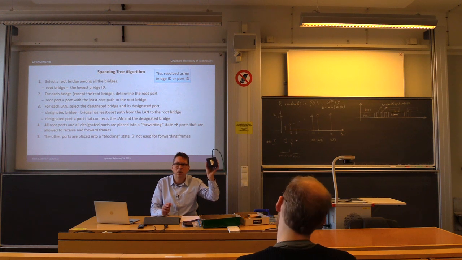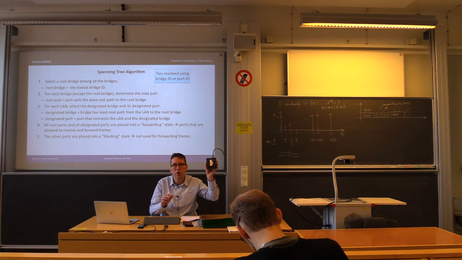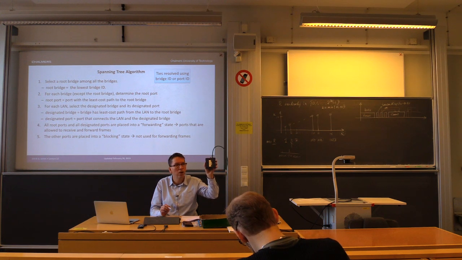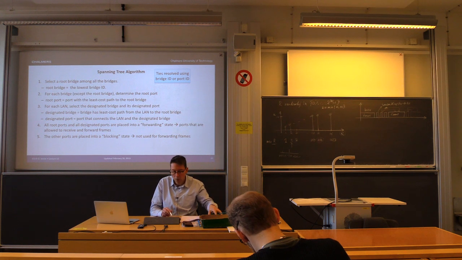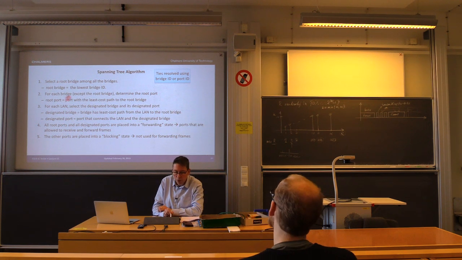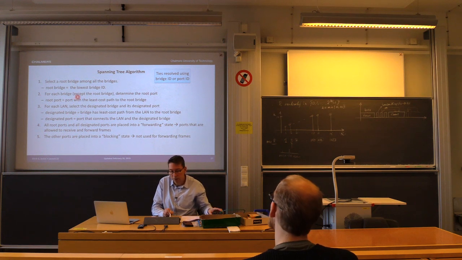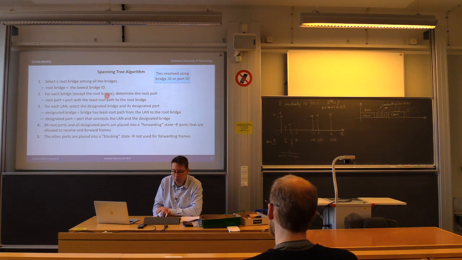In practice, there is a somewhat more refined way to do that. But let's just assume that each of the bridges has a number that's unique, in the sense that there is one which is the best, the lowest. And then for each bridge, except the one which has been elected as the root bridge, we determine the root port.